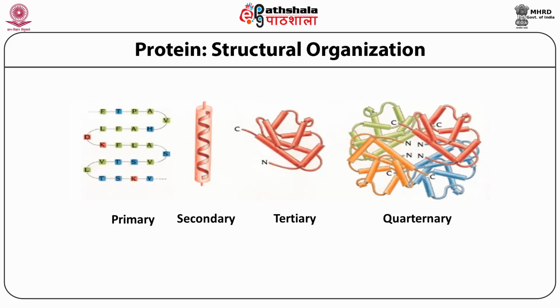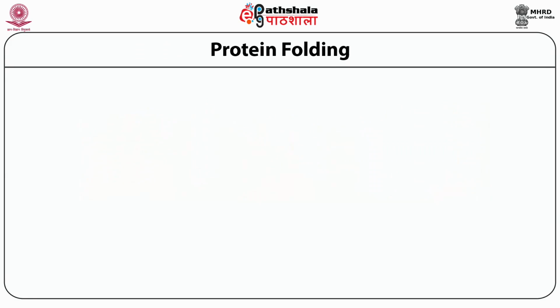It includes organizations from simple dimers to large homo-oligomeric structures like in collagen, or a hetero-oligomeric or polymeric protein where you have two alpha and two beta subunits coming together like in hemoglobin. These subunits are held together by a variety of interactions to help in stability.